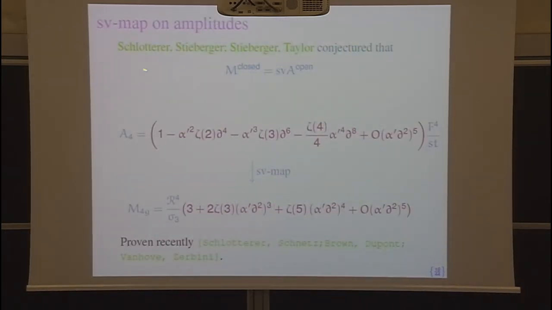Okay, so now the statement by Schlotterer, Stieberger, and Taylor is that if you take your open string amplitude in alpha prime expansion, the infinite series, and you apply this single-valued map, you should get exactly the closed string amplitude. Okay, so this fact has been proven.